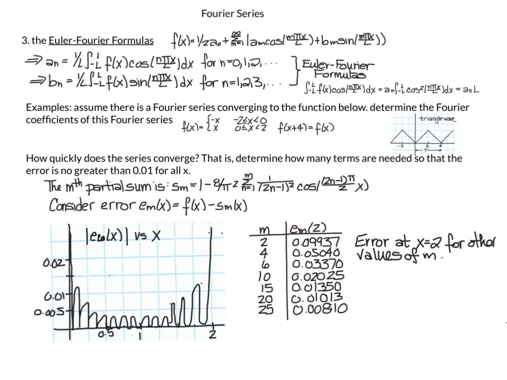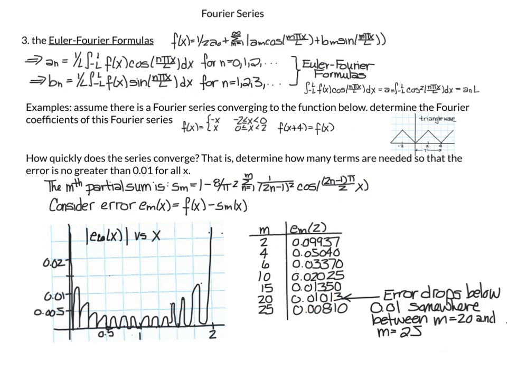So I'm going to pick this x value of 2, and I'm going to calculate the error for m equals 2, 4, 6, 10, 15, 20, and 25. I put this in a spreadsheet, and what I got were these numbers here. If I want an error no greater than 0.01, I need to choose some number between 20 and 25. This type of analysis is not something you're going to do by hand. You'll plug it into some nice graphing or calculating tool. I actually just used a spreadsheet.